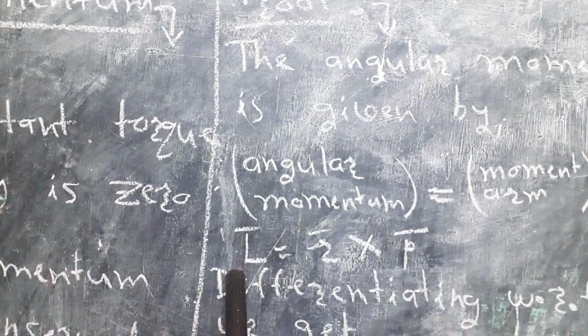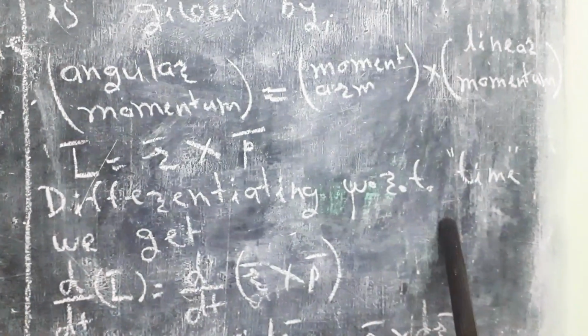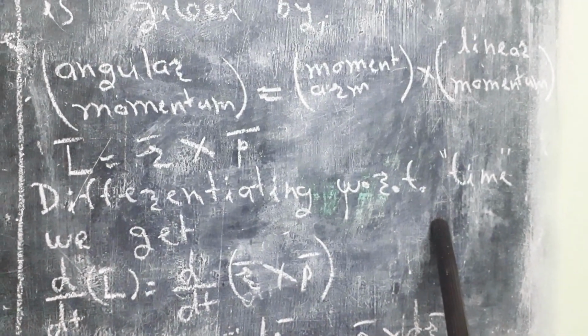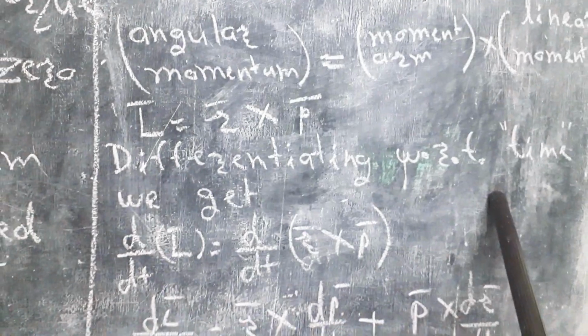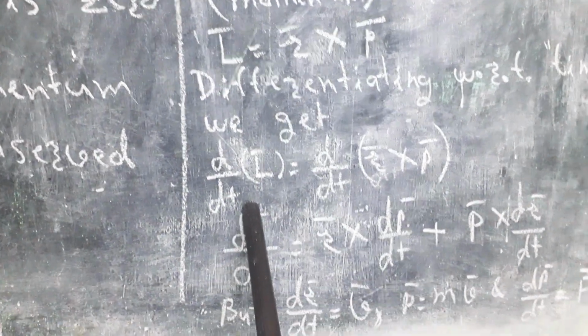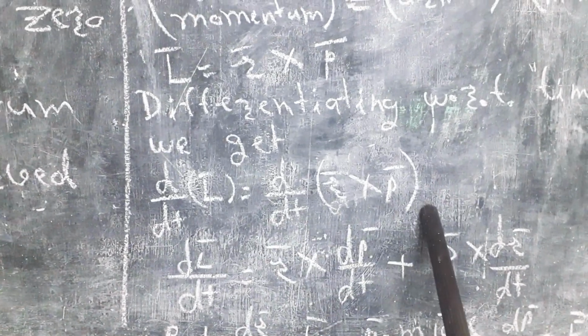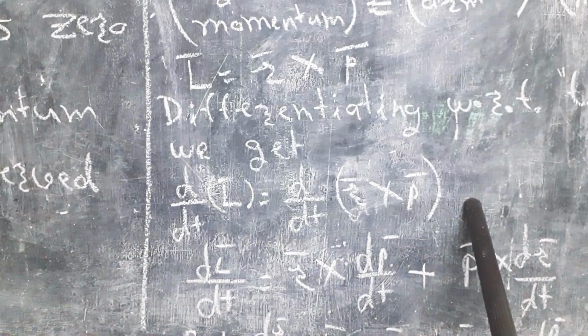We want to find out dL by dt. So differentiating with respect to time, that means take the derivative of both sides of this equation. So d by dt of the left hand side is equal to d by dt of the right hand side, that means r cross p.